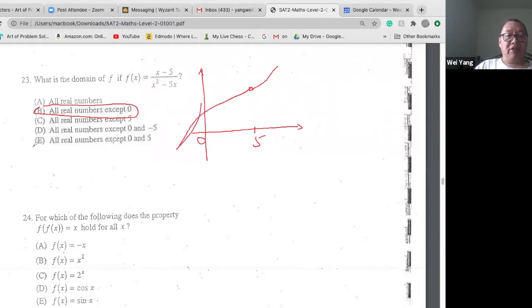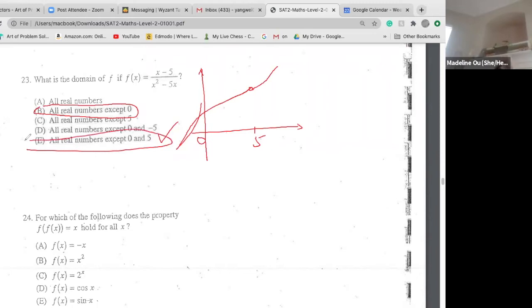So the correct answer for this one is E. Yeah, E is correct. Okay, be careful. I know you see x minus 5 will cancel out, but in the graph, that's a hole. Then that point also should not belong to the domain.